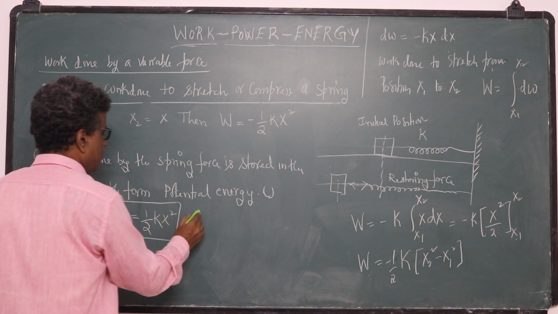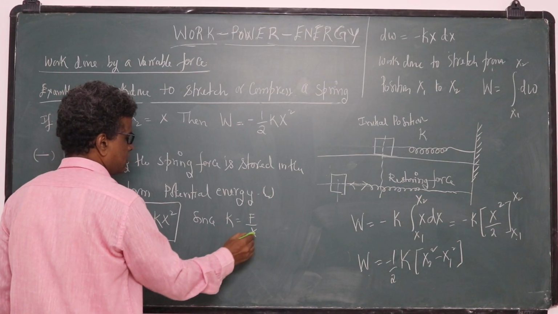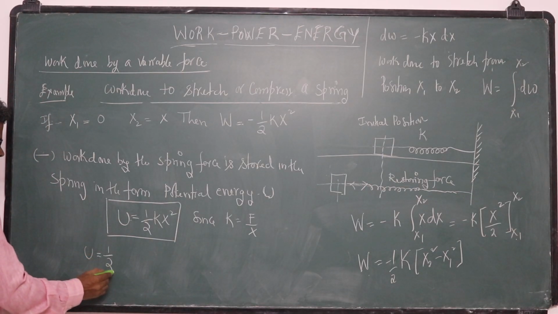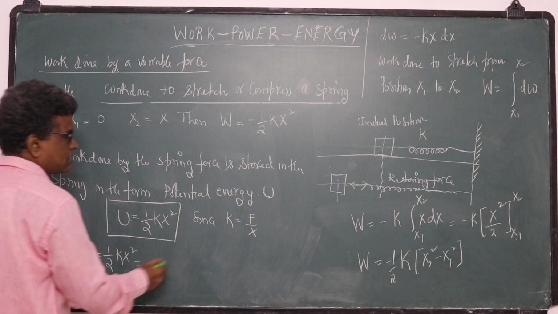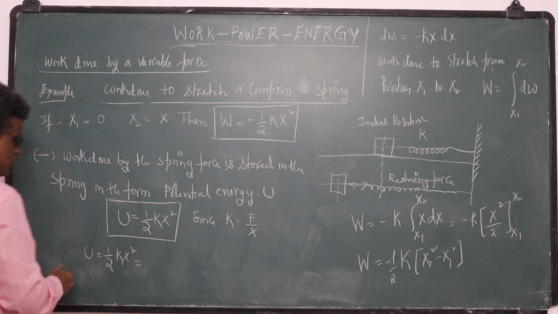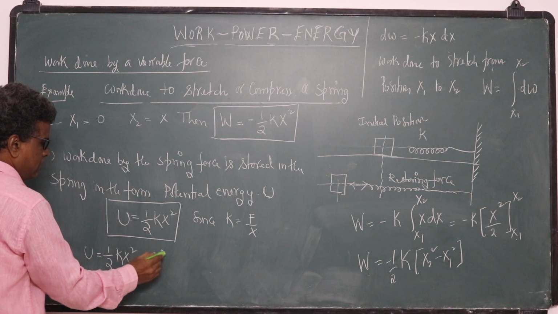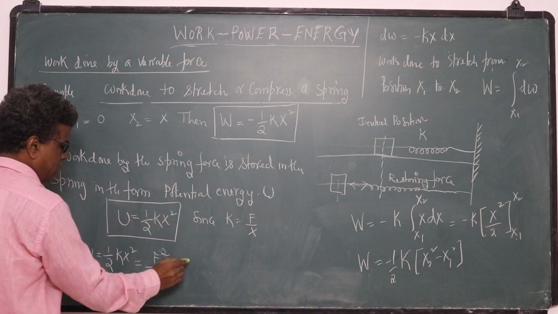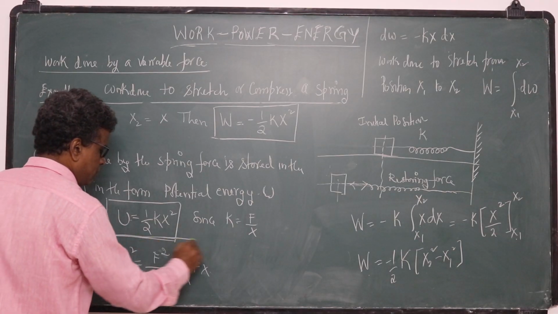Since k is equal to F by x, we can also write it, instead of x we can write F by k, as F square by 2k, or we can write it as half F into x. These are the three forms of the potential energy.